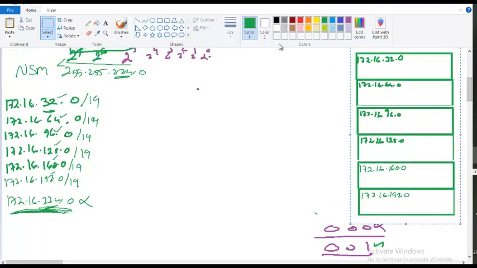Fine. In those 6 subnets, we are going to write the first IP of each department, each subnet. For each department, because you got a different network, you will get a different broadcast address. What is a broadcast address?